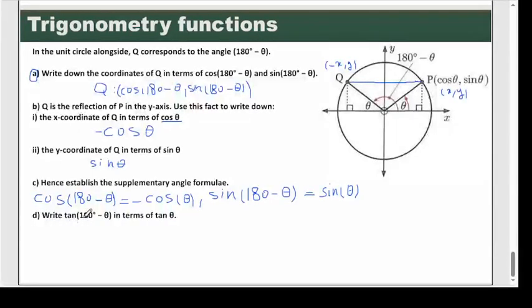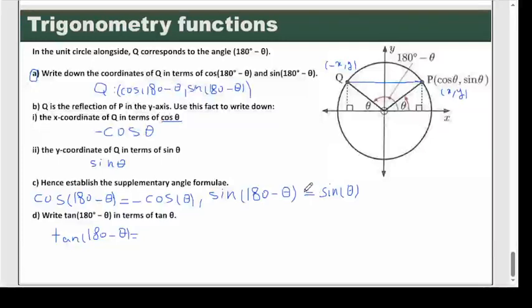Write tangent 180 minus theta in terms of tangent theta. So I will write the formula: tangent of 180 minus theta equals sine 180 minus theta over cosine 180 minus theta.